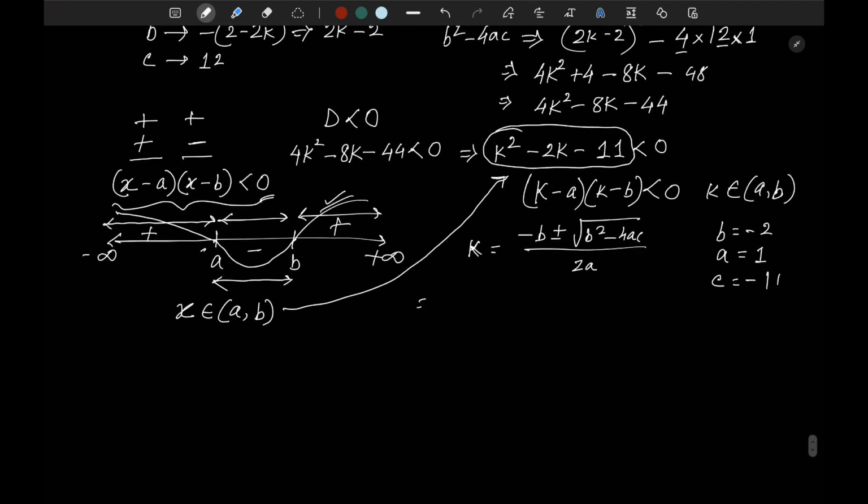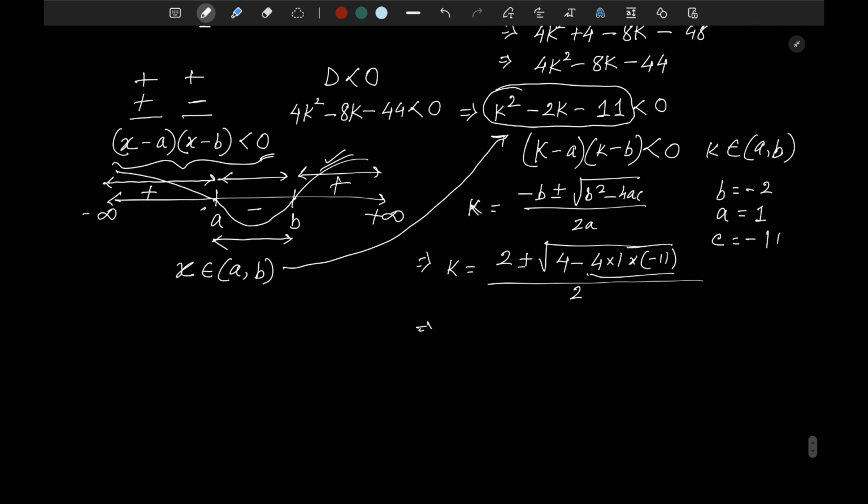Okay, fine. Then the values of k will be 2 plus minus root of (minus 2) whole square, which is 4, minus 4 into 1 into minus 11, so this will become plus 44. And this is divided by 2, so your k will be 2 plus minus root 48.